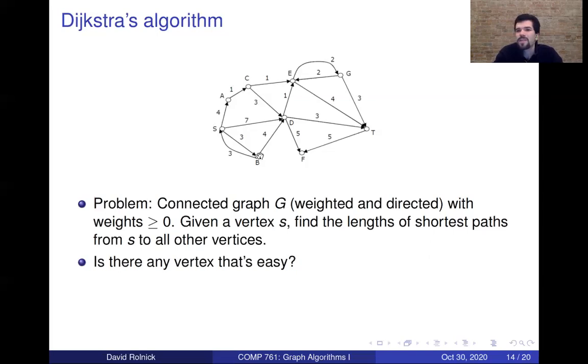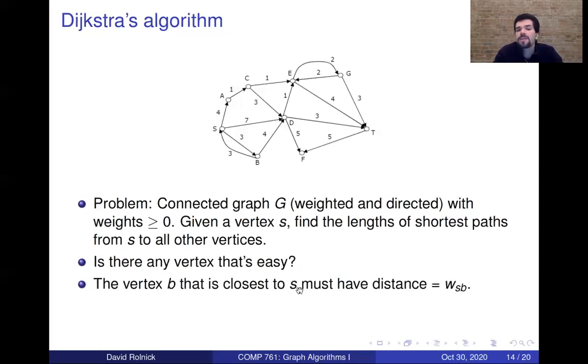I'm going to use lengths and weights synonymously here. If you sum up the lengths of all of these other edges, you're going to end up with something more than the shortcut, because this was the shortest edge coming out of S. You're going to have to take one of these edges coming out of S. So if this is the shortest, there isn't any way to get to B faster. So the vertex B that is closest to S has to have distance equal to the weight from S to B.